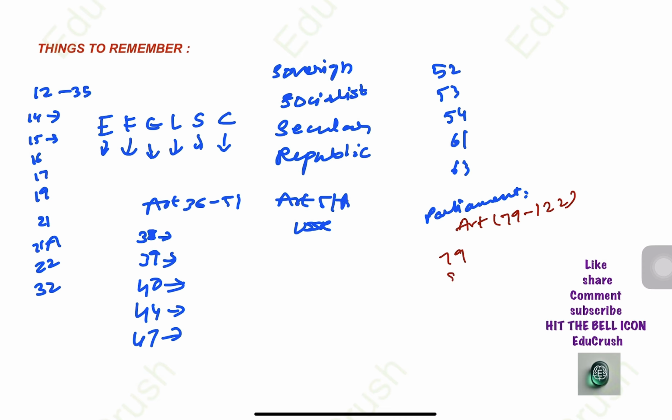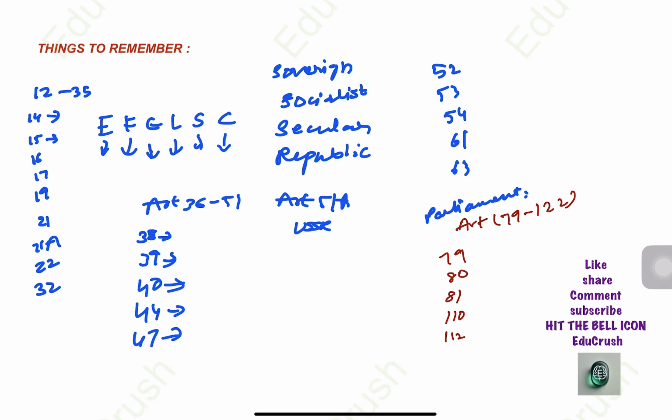Next, important article is 80, Rajya Sabha membership max 250. 81, Lok Sabha membership max 552. Next, 110, money bill. 112, union budget.